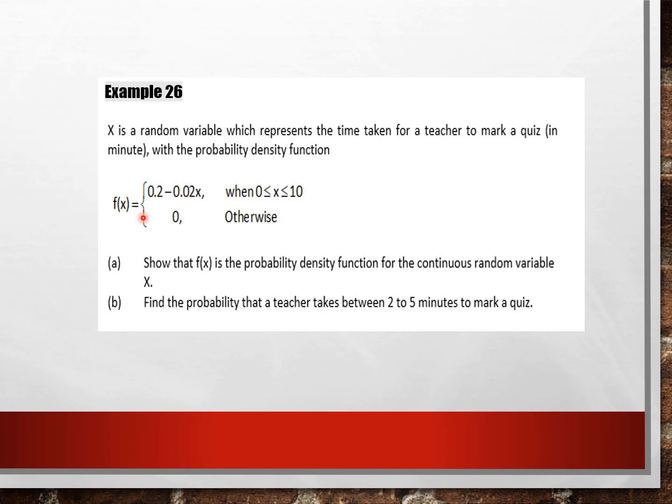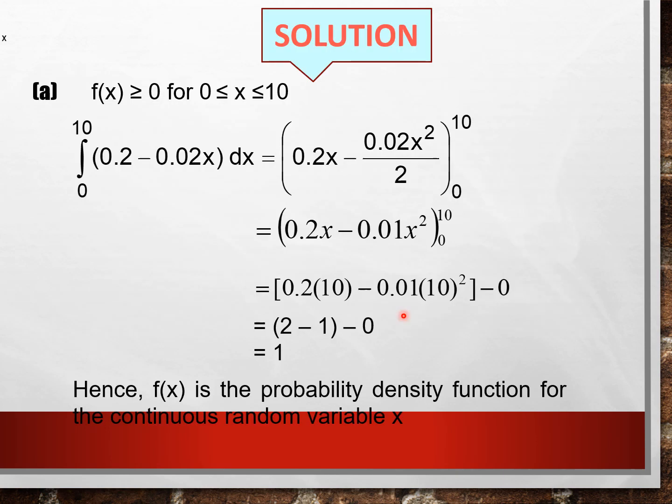Okay, so you have f(x) equal to 0.2 minus 0.02x when x is between 0 and 10, including 0 and 10. First question, show that f(x) is a probability density function. Second, find the probability that a teacher takes between 2 to 5 minutes to mark a quiz.